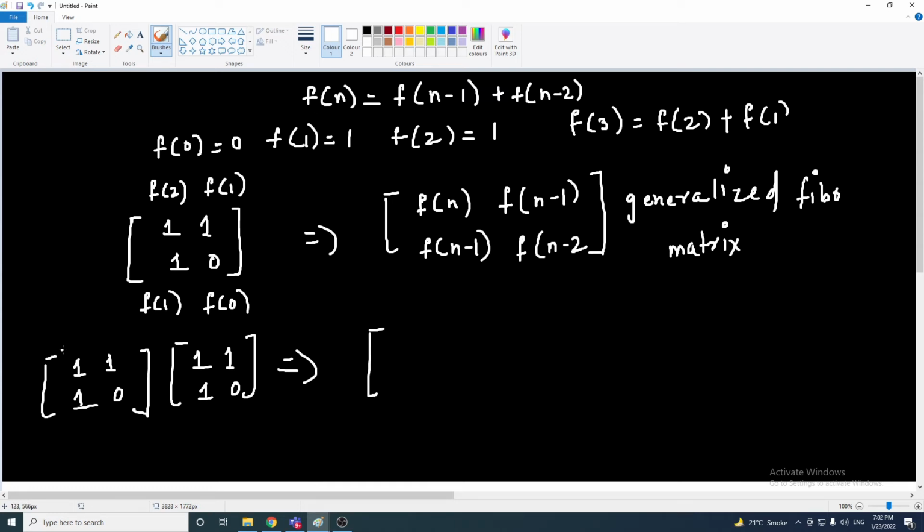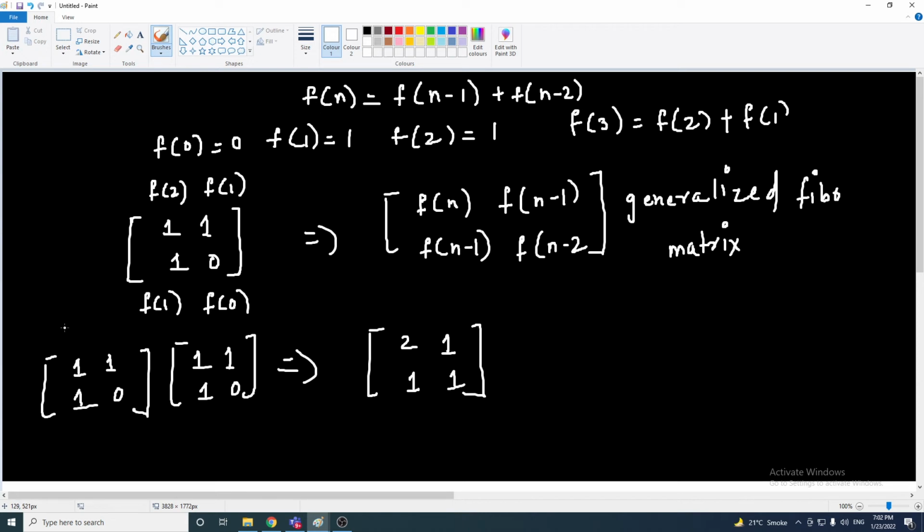The first row being multiplied by the first column of the next matrix, that is 1 into 1 plus 1 into 1, that's 2, and then the first row being multiplied by the second column gives us 1 here, and then the second row multiplied by the first column gives us 1, and the second row multiplied by the second column of the second matrix gives us 1 here. So have a look at it.